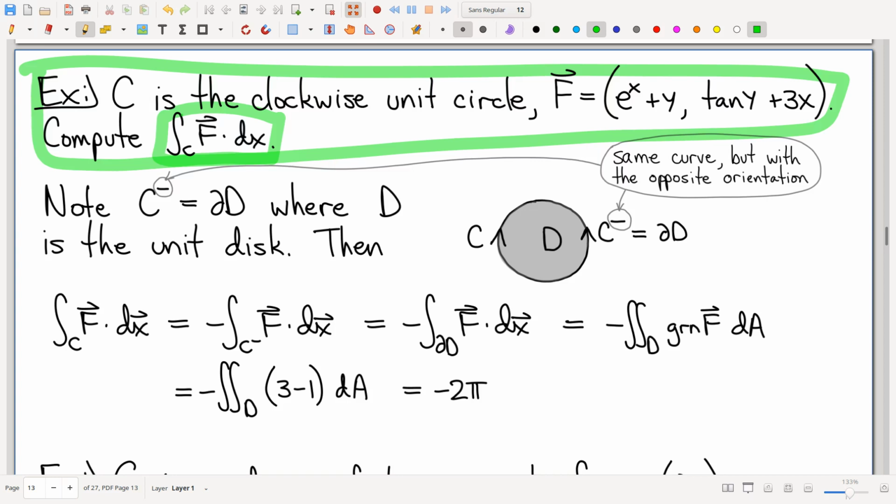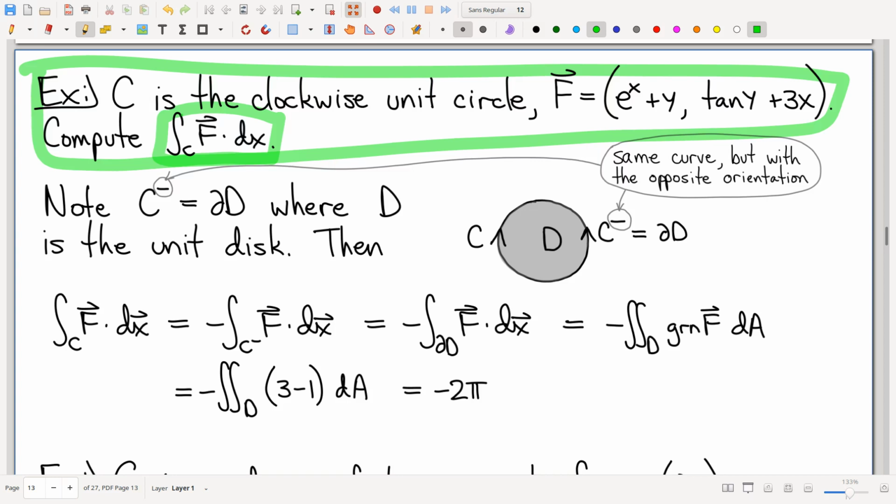Let's talk momentarily about how undesirable that would be. Right now, it doesn't look so bad, but keep in mind that our curve is the unit circle. You're going to have to parameterize the unit circle. Not that we don't know how to do that. But when you parameterize the unit circle, x and y become cosine and sine, don't they?